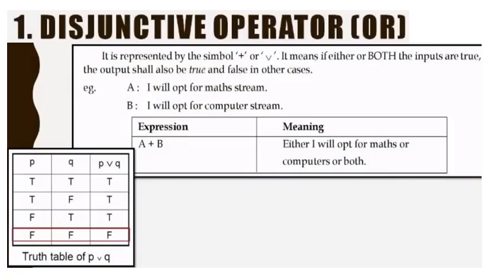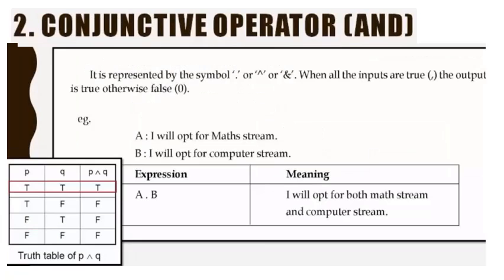Next is the conjunctive operator, that is AND. It is represented by a dot, an inverted V, or an ampersand sign. When all the inputs are true, the output is true, otherwise the result is false. For example, A represents "I will opt for maths," and B represents "I will opt for computer stream."